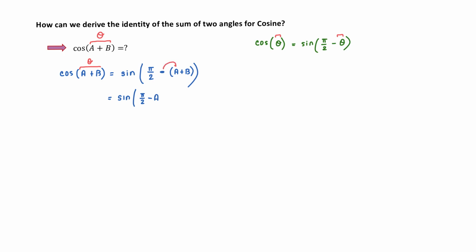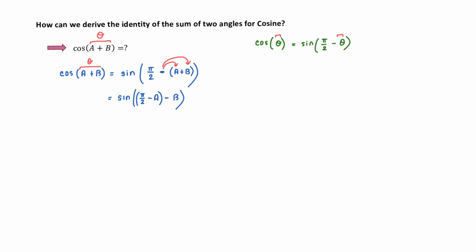Because I do have to distribute the negative to free it from the inner brackets. So pi over 2 minus A together here, minus B. Again, pi over 2 and then minus A because I am distributing the negative here, and then another minus over here, minus B.